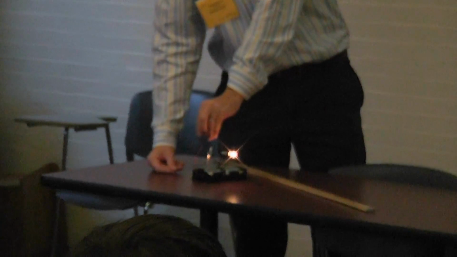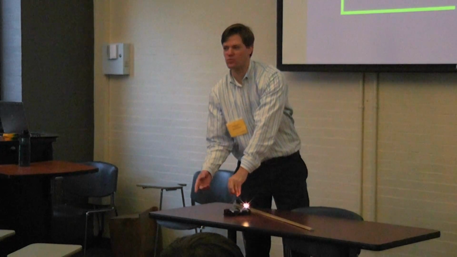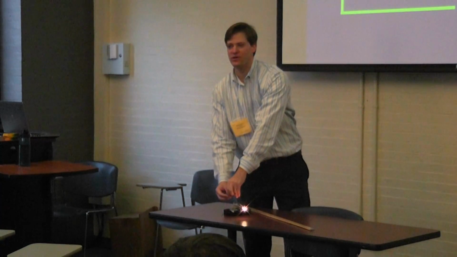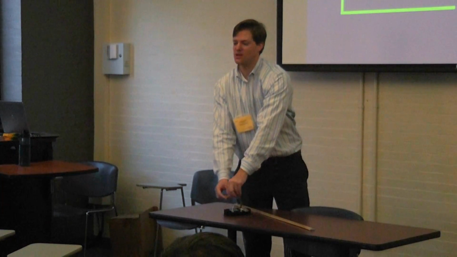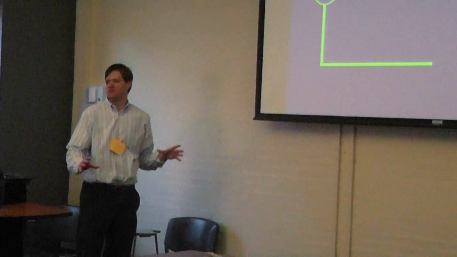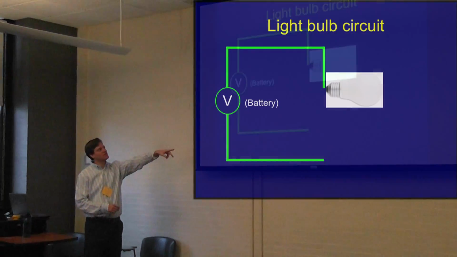If it's not connected, it isn't going to light up. When I connect it, I'm completing the circuit. We sometimes say current flowing, but what we mean is that we have electrons that can flow through the circuit. Electrons will not flow unless we complete that circuit.